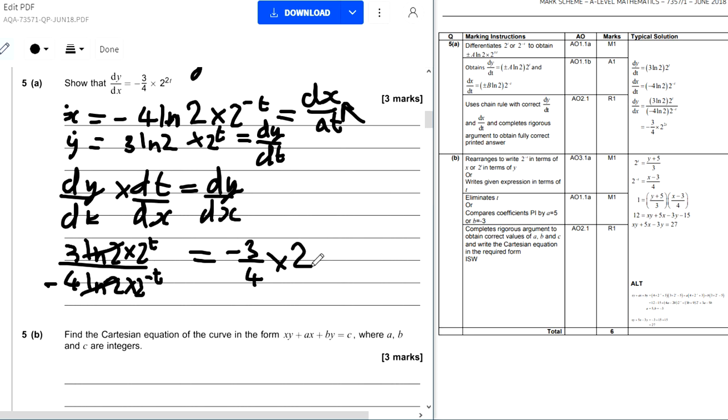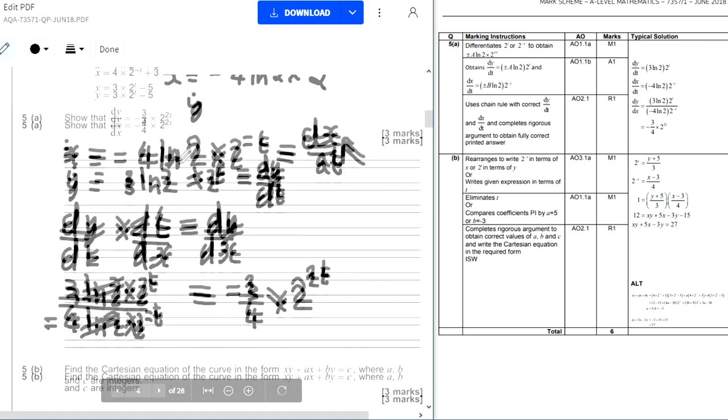So it's going to be 2 to the t minus minus t, which is just going to be 2 to the 2t. Let's just write that down. And that's our solution.